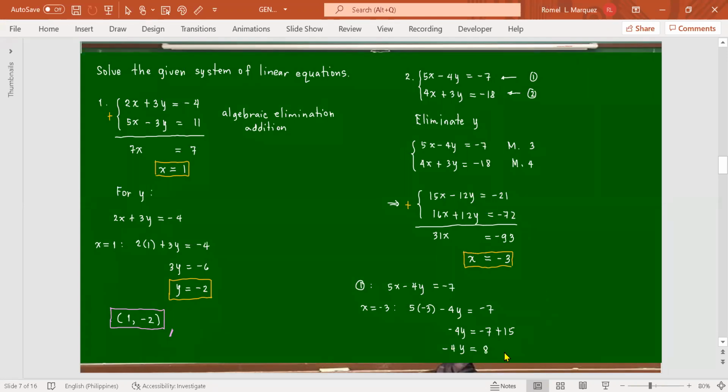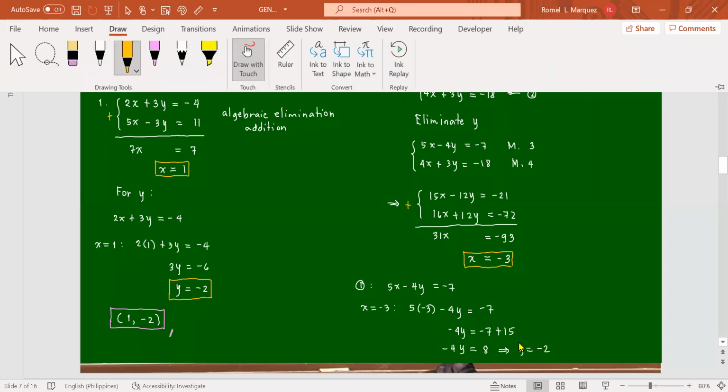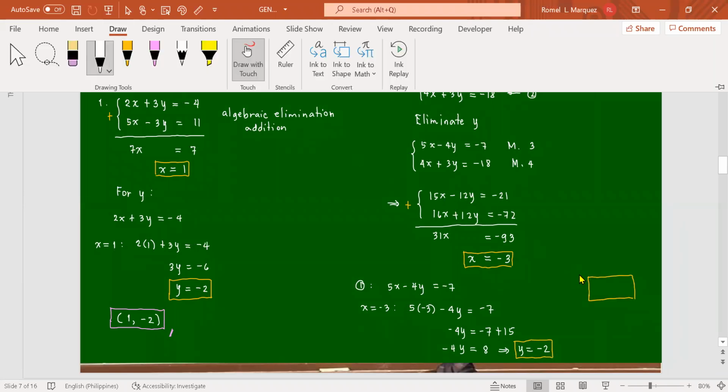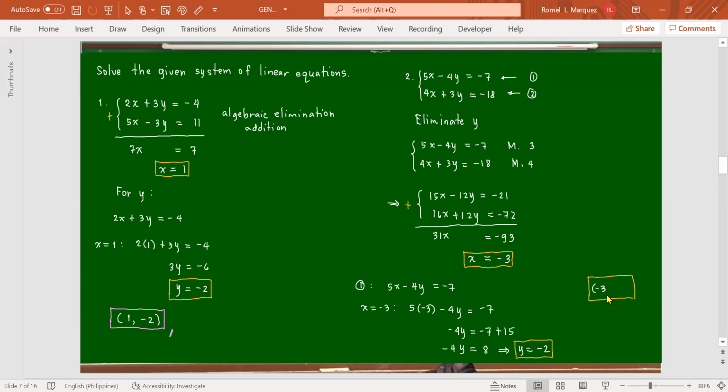So what is y? -2. Y is -2. That's it. So we can now write our solution in ordered pair form, or point form. So our final answer is 3, -2.